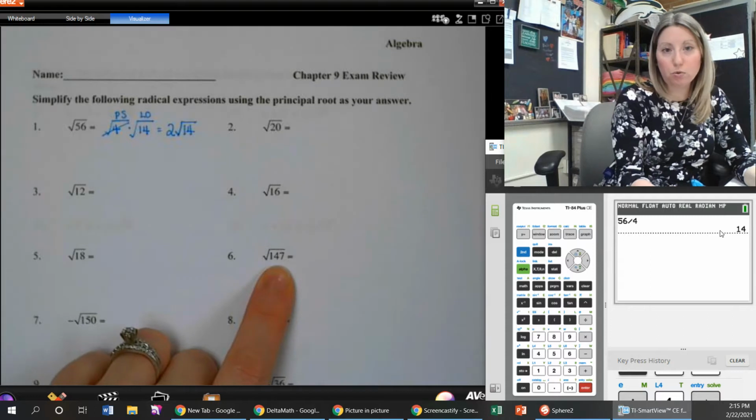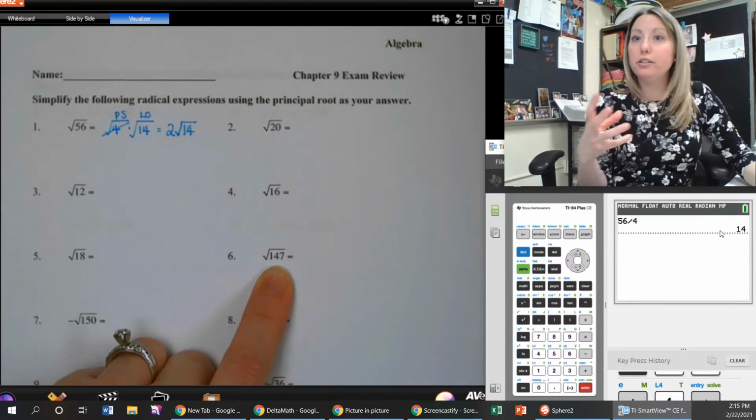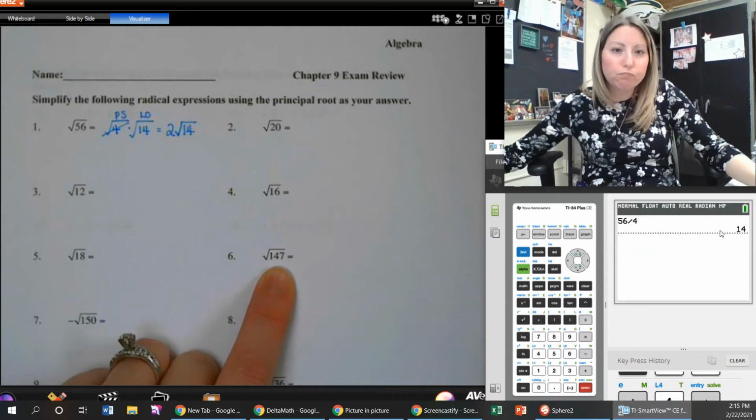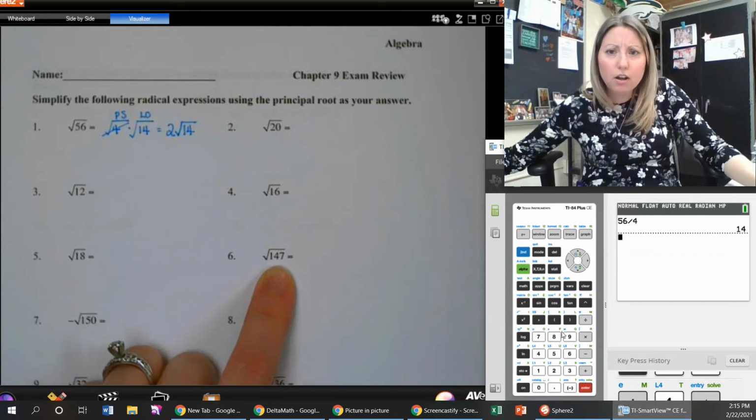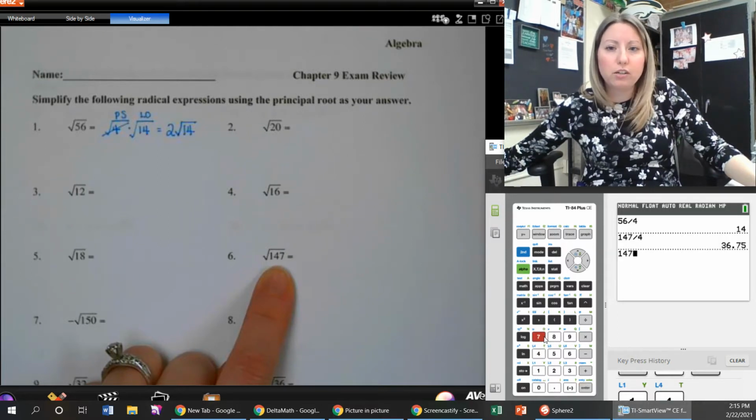Let's head down to this one over here, because I'm sure that this particular number is a little bit intimidating for you, right? So 147, let's try. Now let's see how this goes. 147 itself is not a perfect square that I was supposed to memorize, but let's start with 4, even though it's not even, so it's not going to work, right? Okay, but 147 divided by maybe 9.